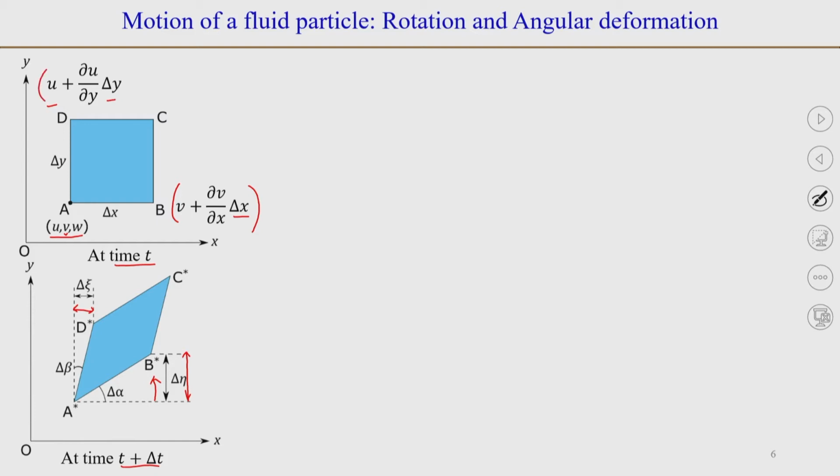Okay. So, now we can use these velocity components and try to relate the velocities with the net displacements delta eta and delta psi.